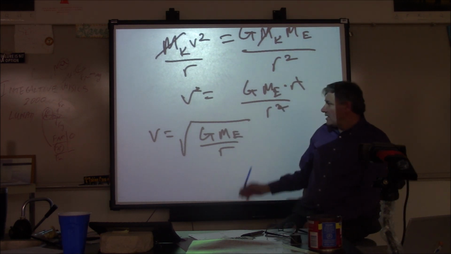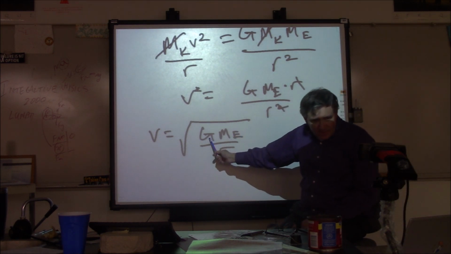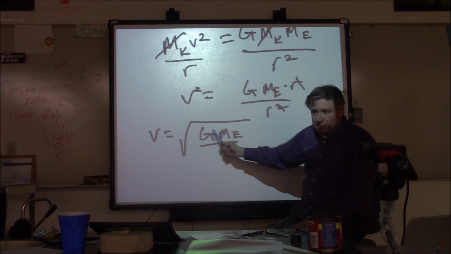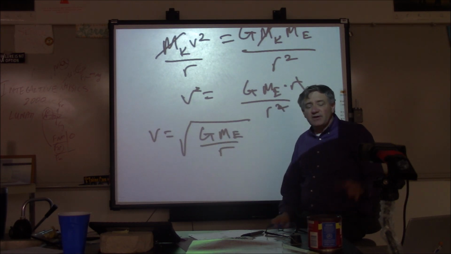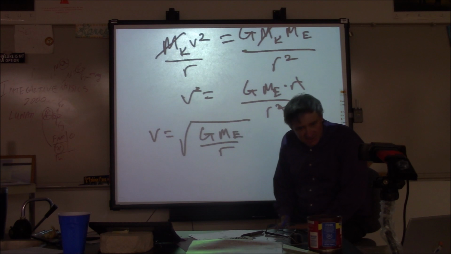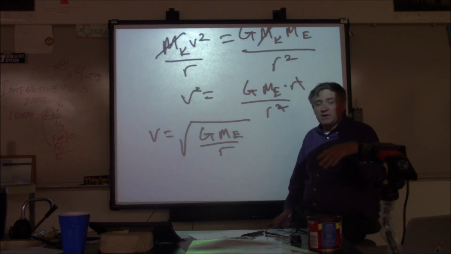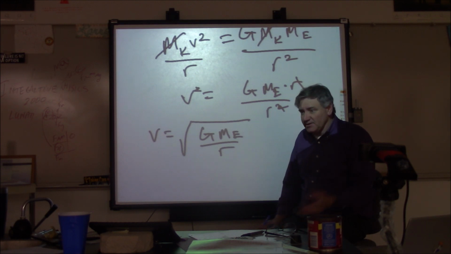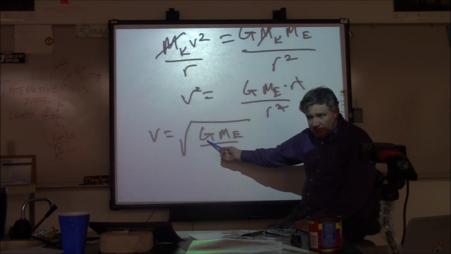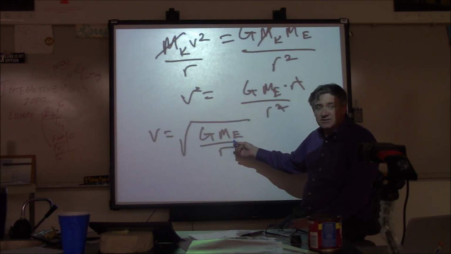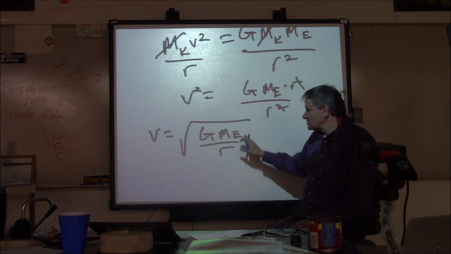So, assuming that you're always orbiting the Earth, this number up here won't change. If you were really a model of efficiency, if you wanted to store another number in your calculator, you could take big G times the mass of the Earth, get that answer, and then store that.